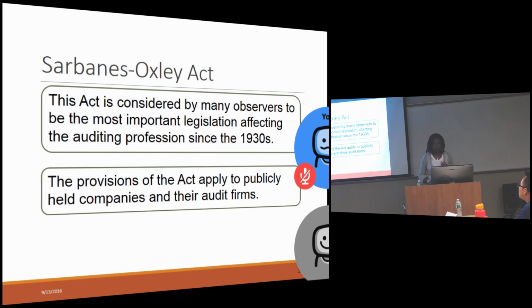Right? They take a risk-based approach, so they select audit engagements that they determine to be higher risk, and they come in and inspect the auditor's work, and they issue inspection reports.